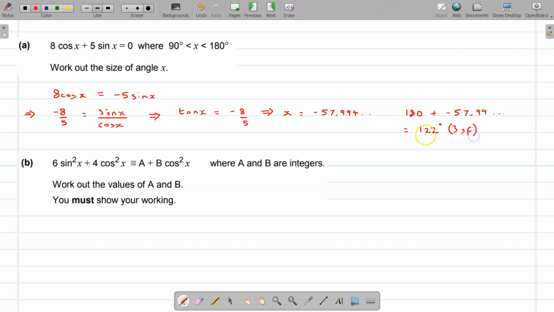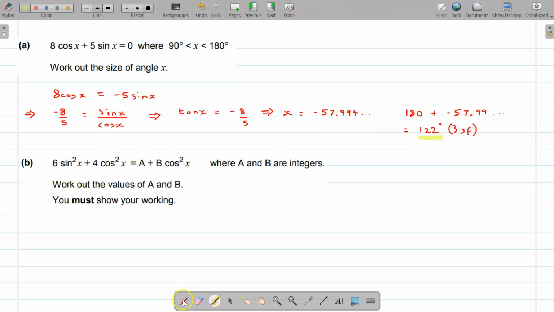Okay, and that's the answer that's in the required range between 90 and 180. So with tan, you just have to remember it repeats every 180 degrees. And when you do inverse tan on the calculator, it will give you the value closest to 0, even if it's a negative answer like it did here.